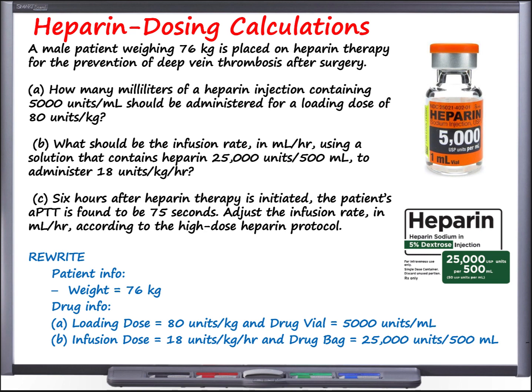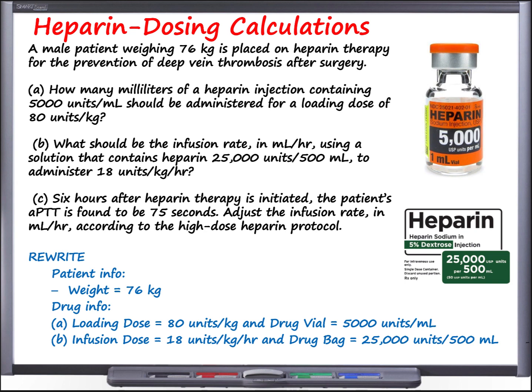Now, what do we know about the drug? This question is made a little bit confusing by the fact that heparin is administered in 2 ways. A, an initial loading dose that we want to have at 80 units per kilogram. And we're going to use a drug vial, as you can see in the picture, that contains 5,000 units per milliliter for its concentration.